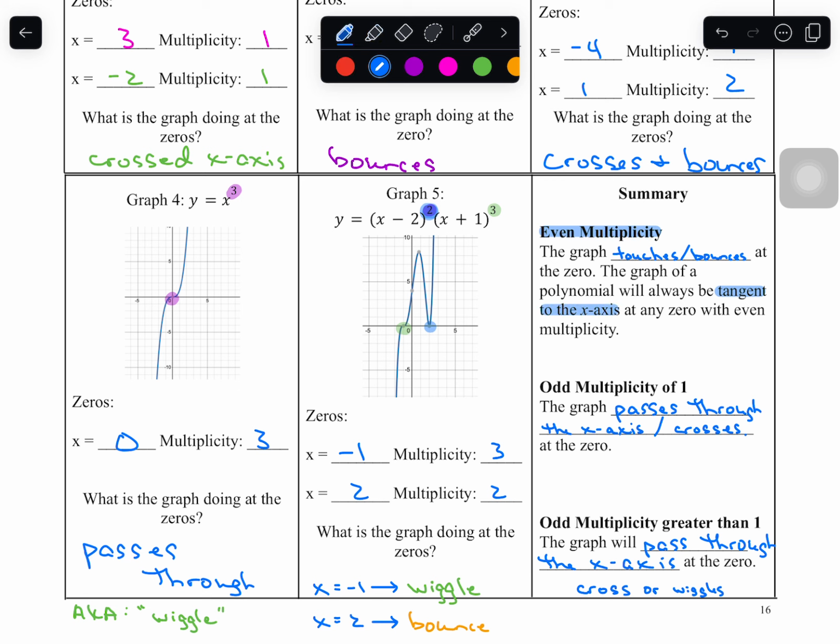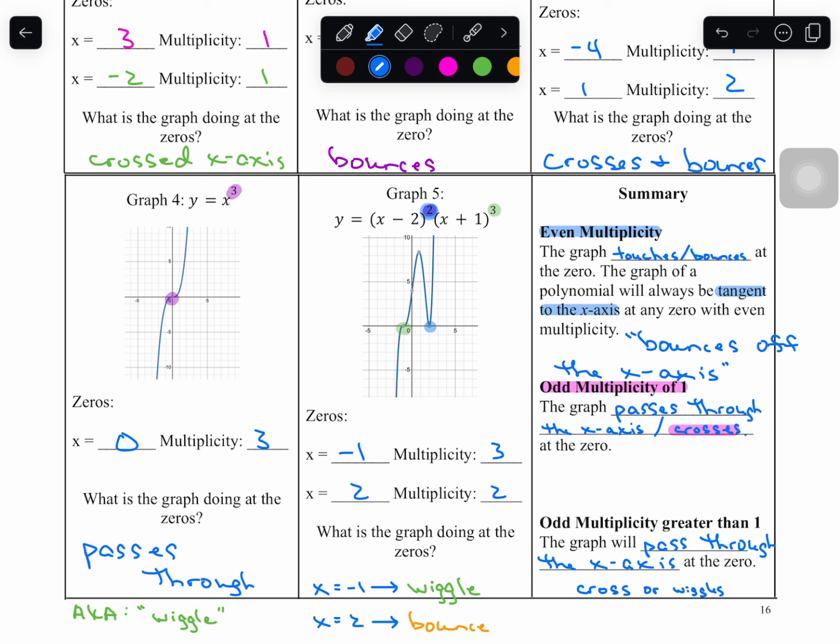Or what I like to say is it bounces off the x-axis. Okay. Then, if there's a multiplicity of 1, that's when it's going to pass through or cross the x-axis.